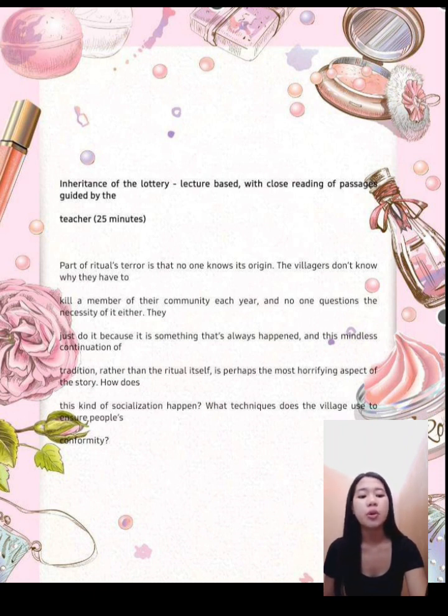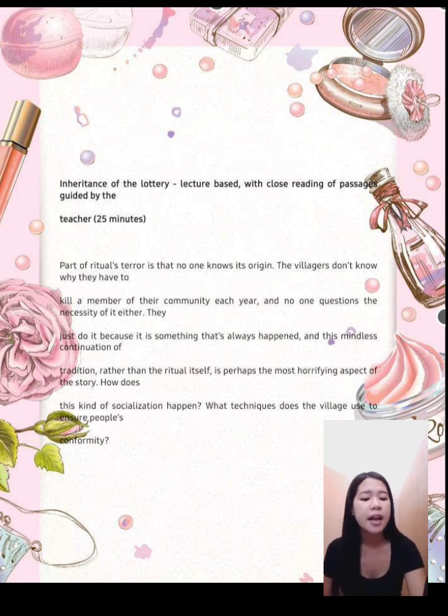The villagers don't know why they have to kill a member of their community each year, and no one questions the necessity of it either. They just do it because it is something that has always happened, and this mindless continuation of tradition, rather than the ritual itself, is perhaps the most horrifying aspect of the story.